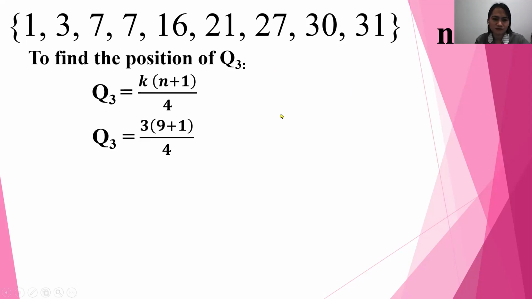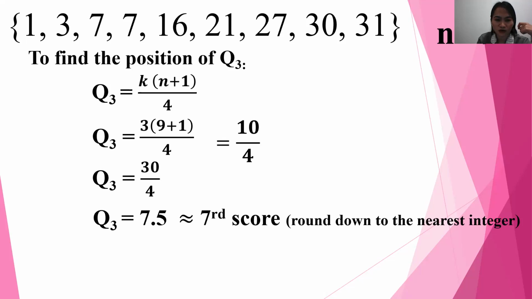So Q sub 3 is equal to 3 times the quantity of 9 plus 1, all over 4. So we get 10 over 4. Times 3, we get 30 over 4. So 30 divided by 4 is 7.5. So our quartile 3 is 7.5.